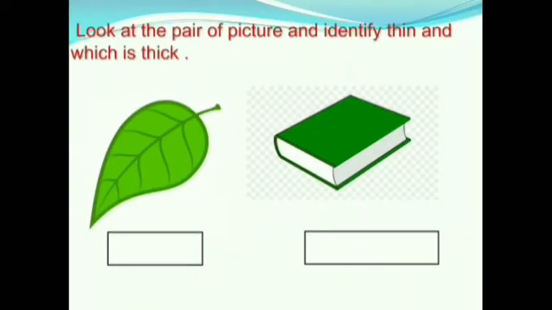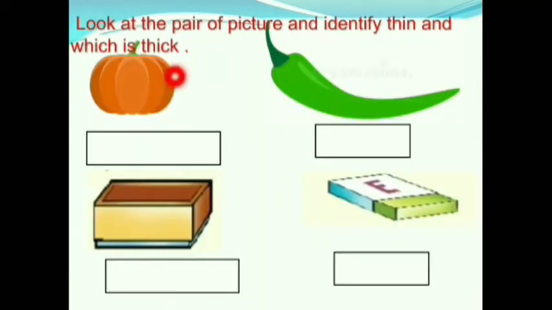Children, look at the pair of pictures and identify which is thin and which is thick. Here we have a leaf and a book. Which one is thin? Yes, the leaf is thin and the book is thick. Here we have a pumpkin and a chilli.